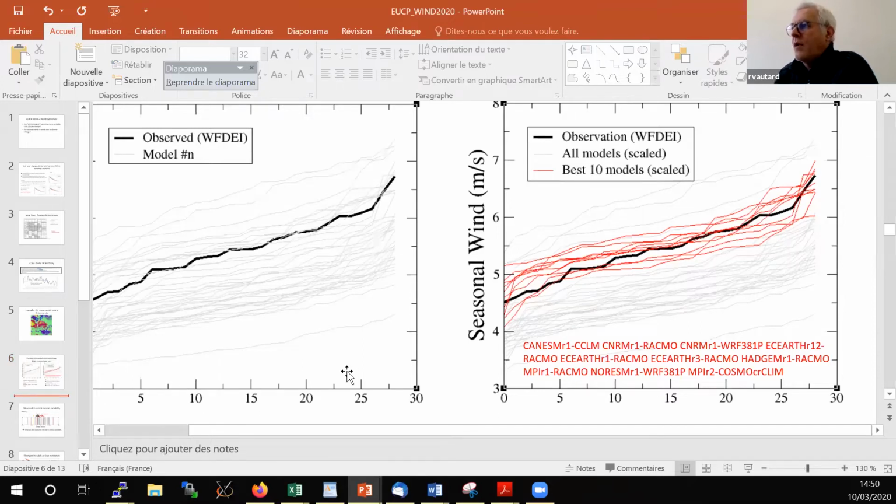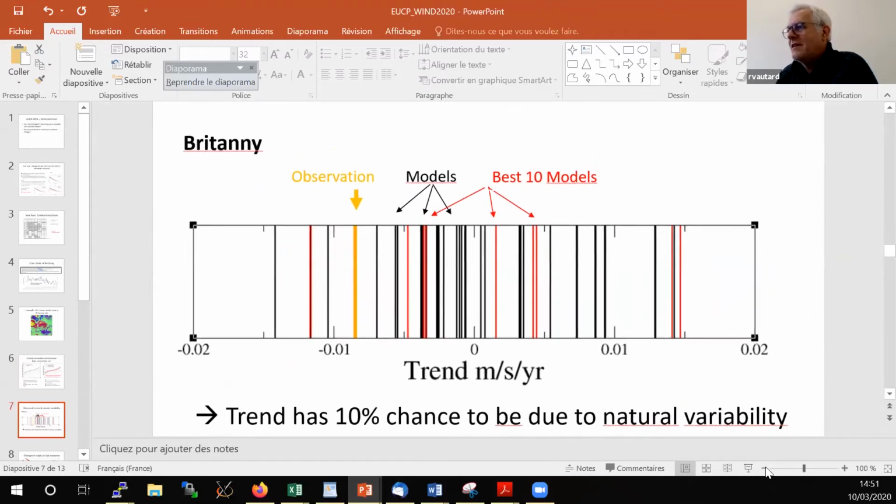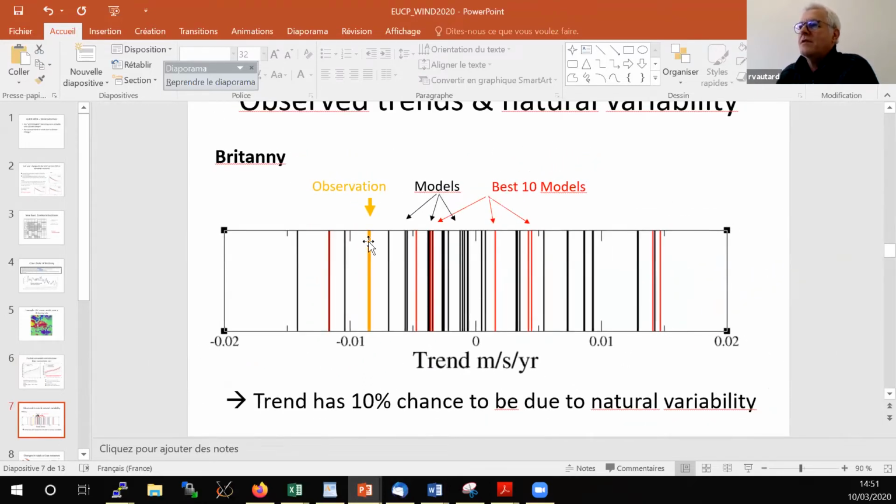And from this ensemble of models, what we could look at is the past trends. So here's the observation, trends in wind. It's a trend of almost 1 meter per second per century, so it's 0.1 per decade. That's the observations.